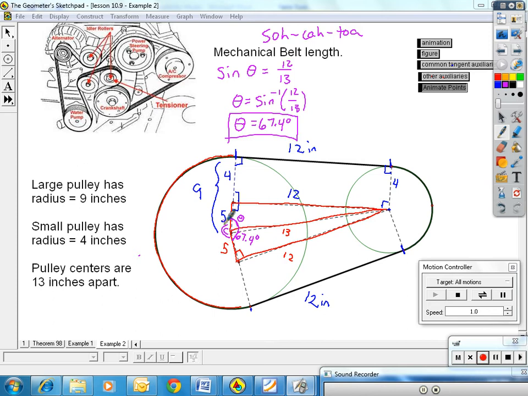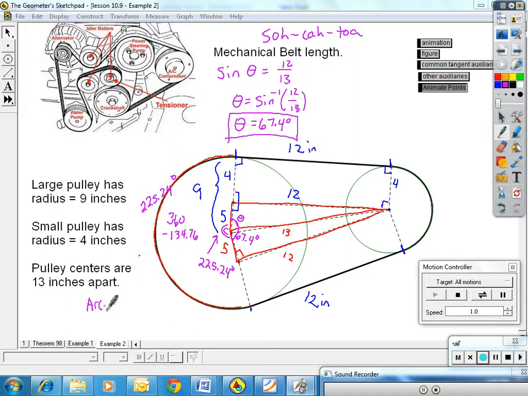So I'm going to take 360 and subtract 134.76 to get 225.24. This angle here is 225.24 degrees, which means my arc measure is 225.24 degrees as well. And now I can find my arc length.